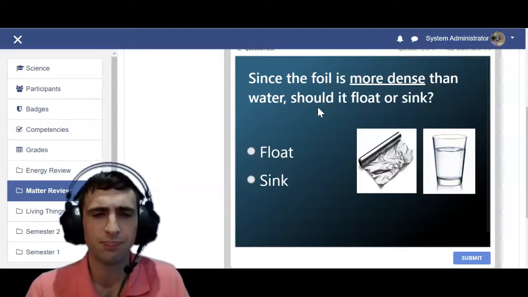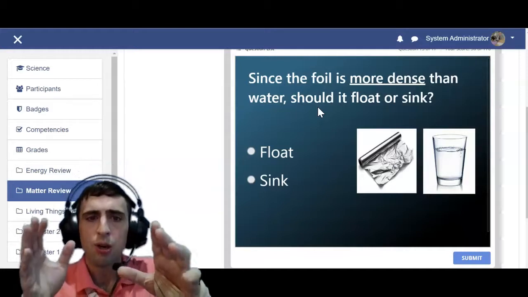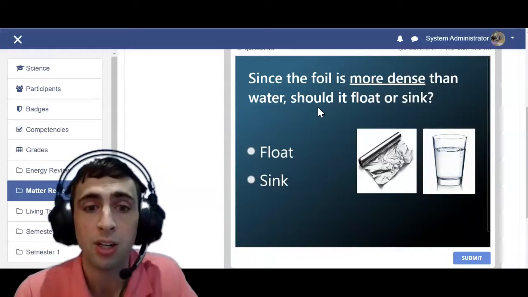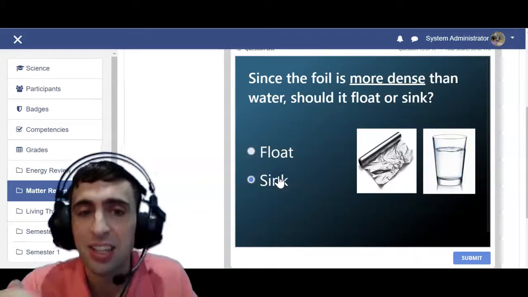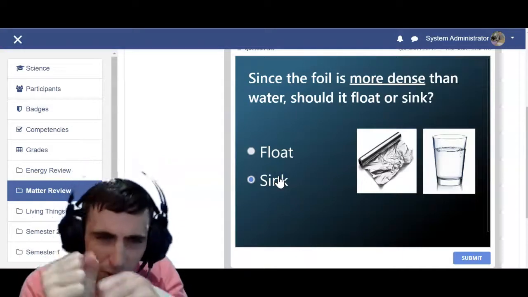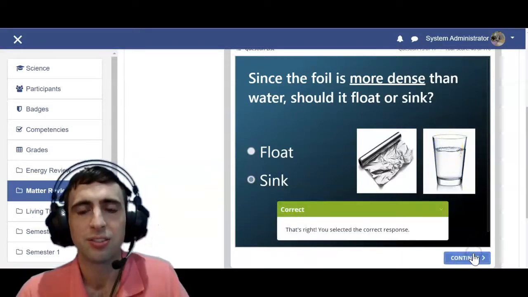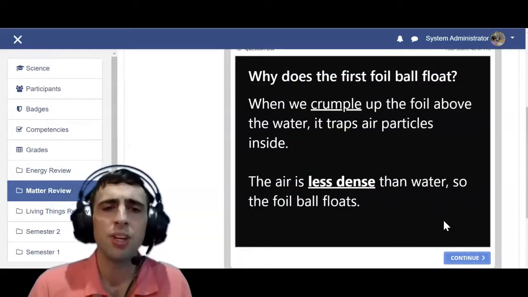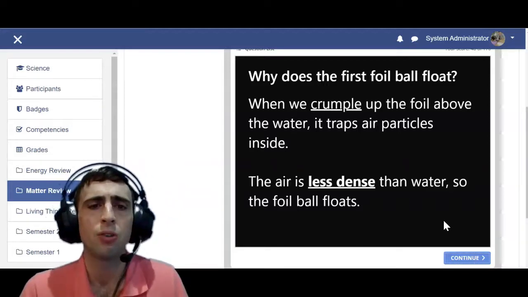Now, since the foil is more dense than water, should it float or sink? We know that when something is more dense, closer together than water, it will sink to the bottom. As the particles are closer together, it will sink. So in the video, why does the first foil ball float?